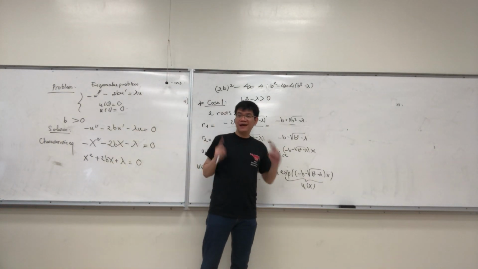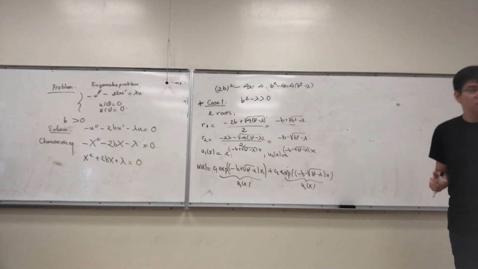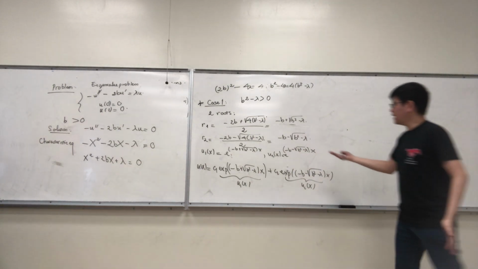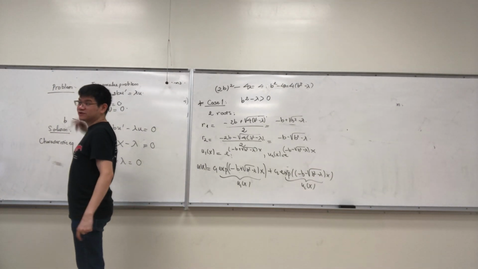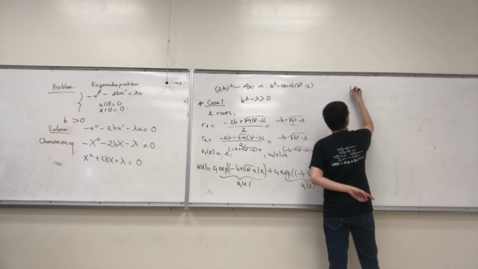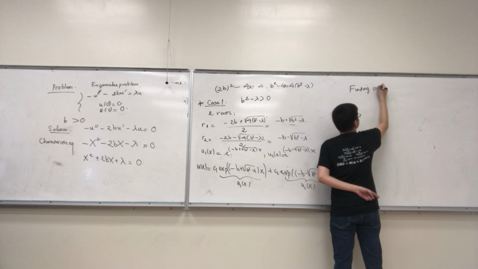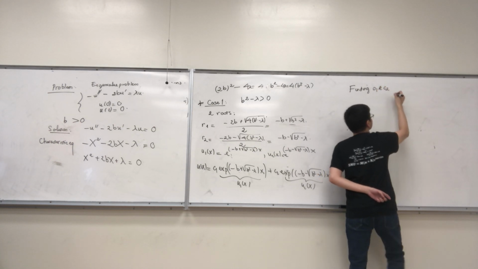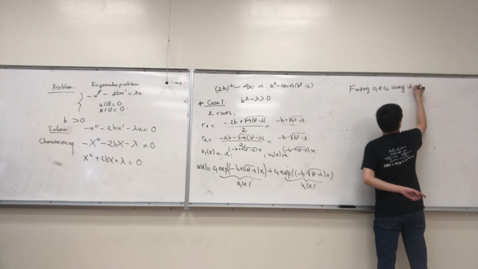Alright? Now, c1 and c2 can be anything. It can be 1, 2, 3, 4, 5. Right? And all of them satisfy this equation, but we have the boundary condition. So now you have to find c1 and c2 using the boundary condition.